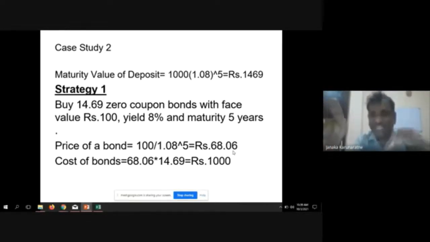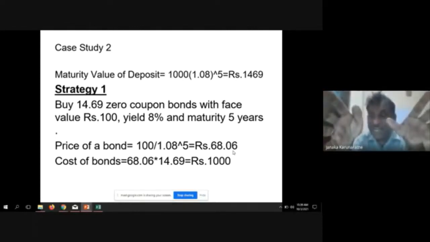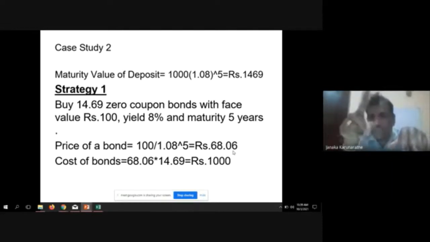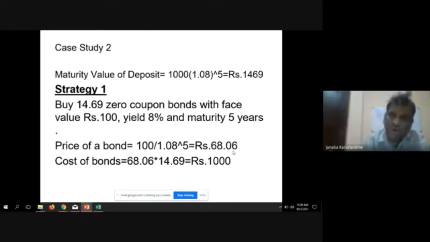In theory, if you get an 8-year duration bond, you are well off, your risk is 0. But in practice, you may not get a bond in the market, traded at that moment, which has an exact duration of 8 years. So what you have to do in practice is try to find a bond which is very close to the duration of the deposit liability you are going to match.